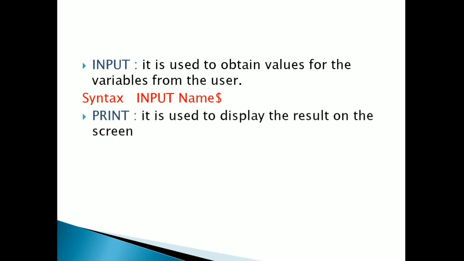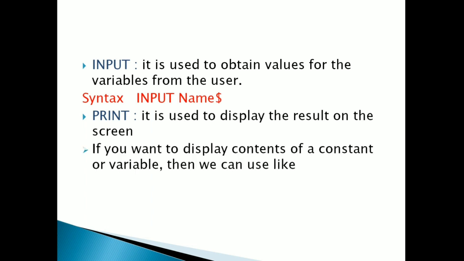And our next command is print. The print command can be used to display the result on the screen. It can be used in various ways. If you want to display the contents of a constant or a variable, we can use the print command followed by the constant or variable. For example, print age or print 5 plus 8.